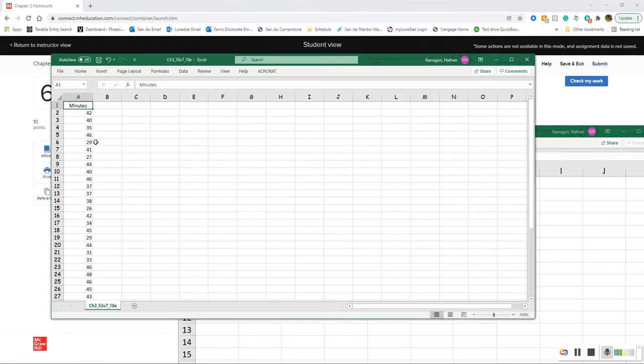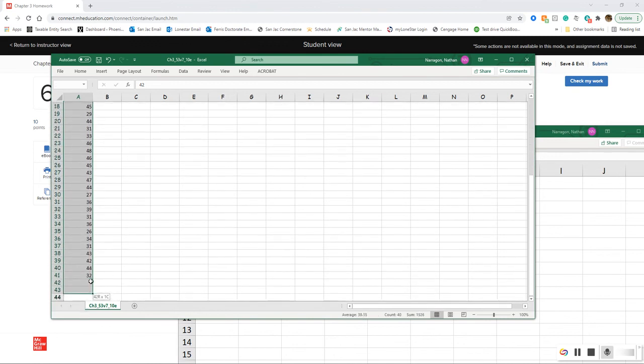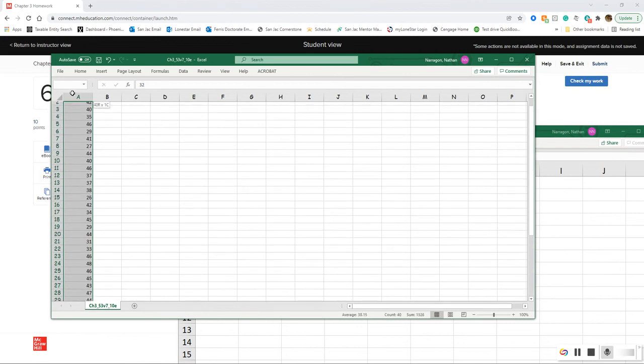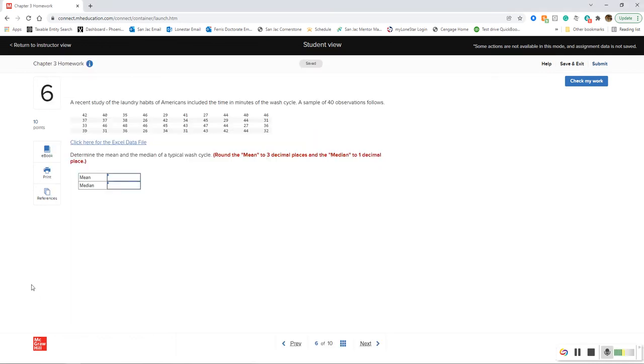Again, we have a big number here. So we have 40. Again, the average looks like it is 38.15.